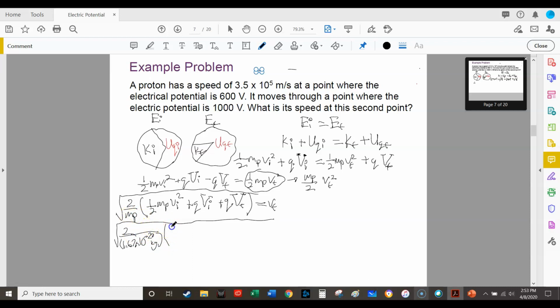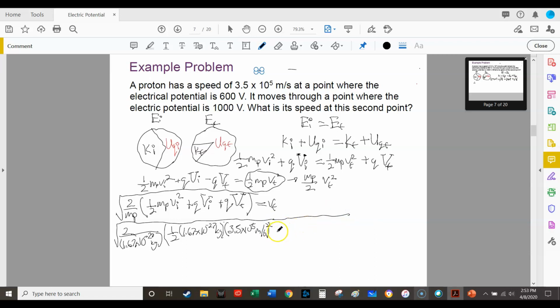We're going to times that by 1/2 times the mass of a proton, which is again 1.67 times 10 to the negative 27 kilograms, times the initial velocity squared. They gave the initial velocity, so I'm just copying it here. The initial velocity is 3.5 times 10 to the 5th meters per second, squared.